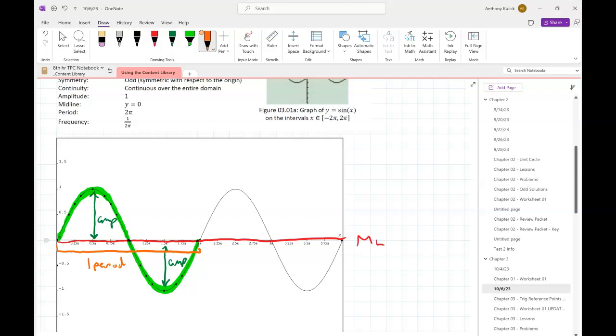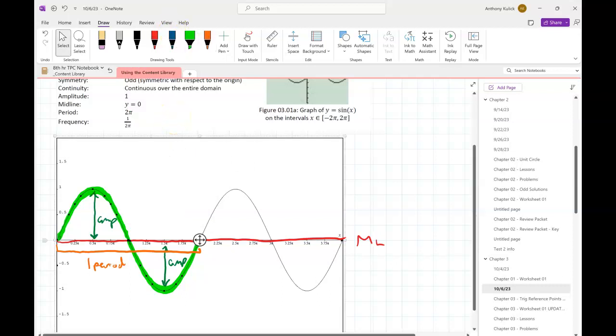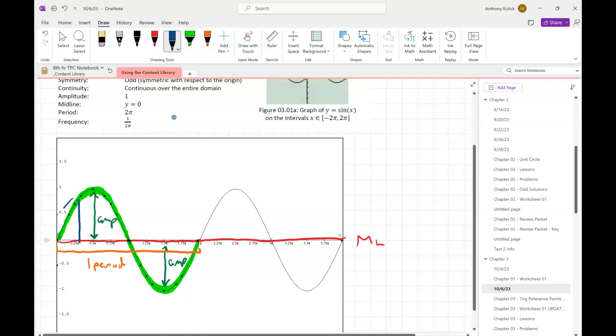Everybody's okay with that? And then the frequency, give me a new color, is how much of your period do you complete in 1 unit on the x-axis. So x equals 1 would be right here. So this much of the graph we've covered inside of 1 unit.